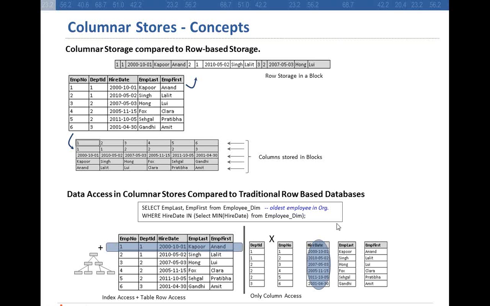But on the right-hand side, columnar databases simply do the scans on the columnar level, and as a result, the performance is much faster, much better over row-based databases.